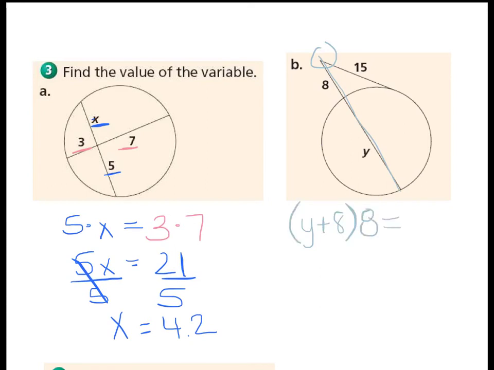That should equal the whole thing times the outside piece, which is 15 times 15, or 15 squared. So when you simplify that, you can distribute the 8, so you end up with 8 times y and 8 times 8, so 8y plus 64 equals 225. We got to subtract the 64 from both sides.